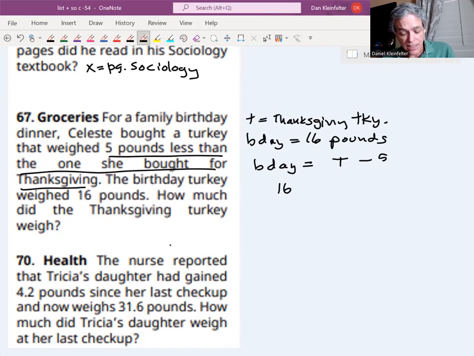Replacing the birthday one with the 16 pounds, we know that the Thanksgiving one had to be 5 pounds more, and so had to have been 21 pounds.